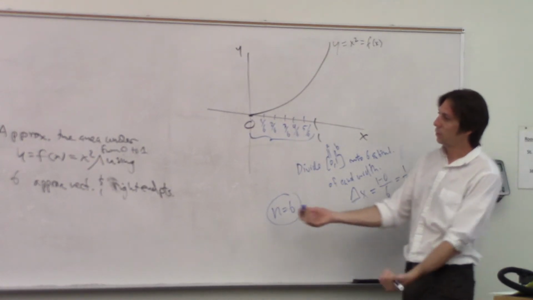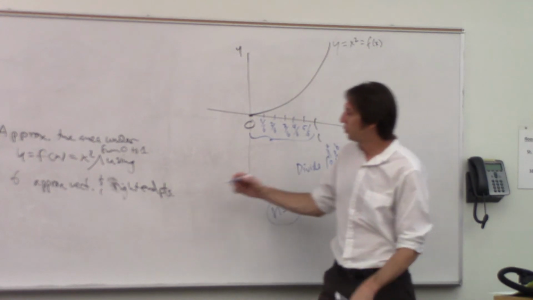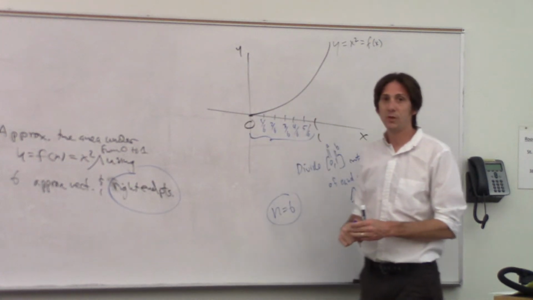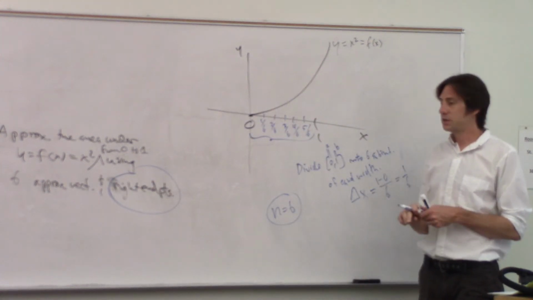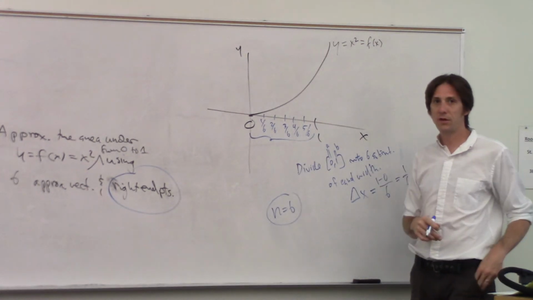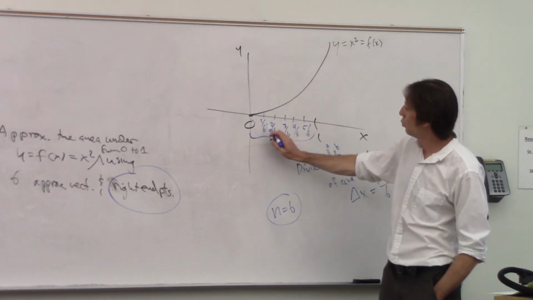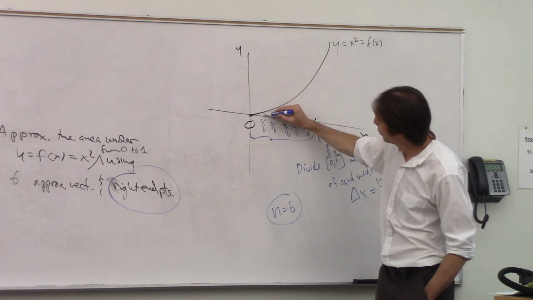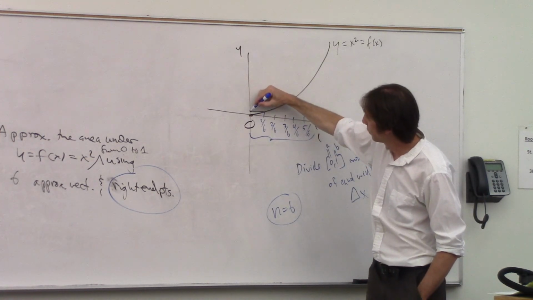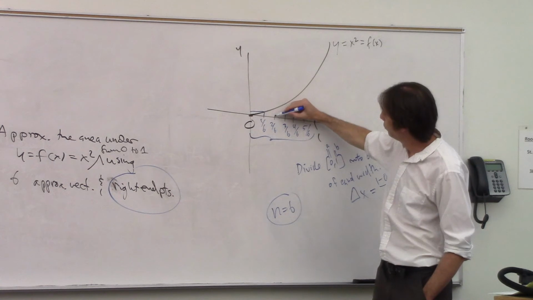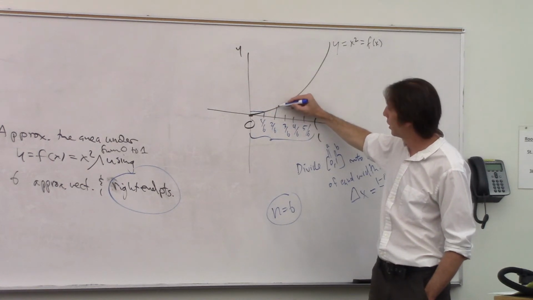Now, if I look back at the statement of the example, I'm supposed to use right endpoints to get the height of each approximating rectangle. So 1/6 is my first right endpoint. I go up to the curve. That's my first height. 2/6 is the next right endpoint. I go up to the curve.